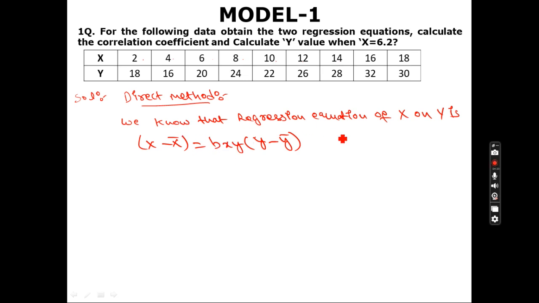Remember, when I am writing x on y, x should come to the LHS side and y should come in the RHS side. So I said b xy: x on y, so you write b xy. This way you can remember the concept. X on y means x should come in the LHS side and y should come in the RHS side. You are calculating the regression equation of x on y, so you write b xy.